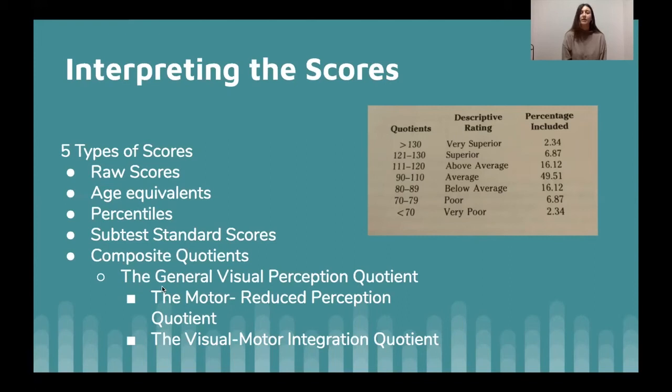They may mean that the child has awkward hand movements or difficulty coordinating hand-to-eye movements. Comparing these quotients is helpful to ensure that examiners will not mistakenly diagnose a child as having a visual perceptual difficulty when in fact they are experiencing a problem in the motor area. Over here are the quotient scores and how they are interpreted.